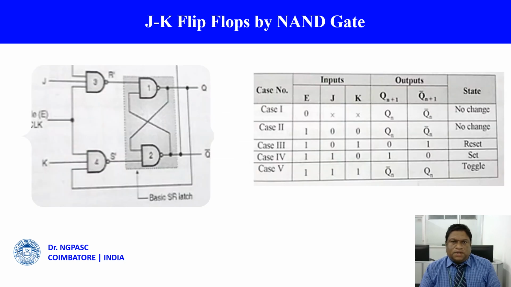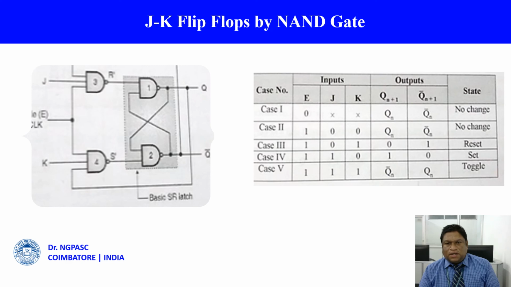So this is the JK flip flop using NAND gates. Previously we saw the NOR gate, and here it is the NAND gate. Using the NAND gate, for case 1, when the clock pulse is 0, there is no change. When the clock pulse is 1 but the inputs J and K are equal to 0, again it retains the no change state.